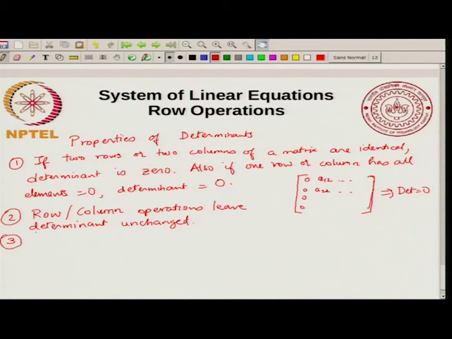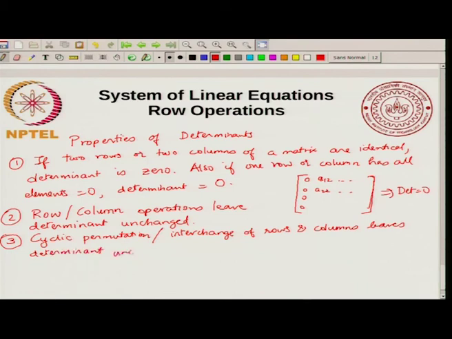The third one, cyclic permutation or interchange of rows and columns leaves determinant unchanged. Okay. So, what is a cyclic permutation? I just take any one row or one column and then I sort of shift all the rows and columns by 1.